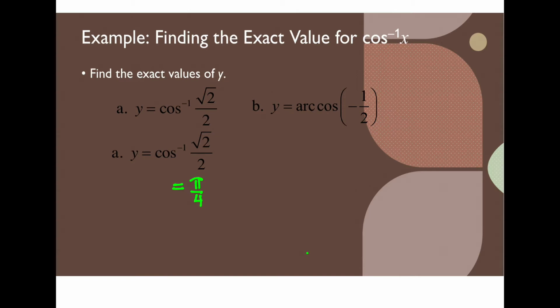For the arc cosine of negative 1/2, now we have a negative, so we know it's in the second quadrant. And it's negative 1/2. And 1/2, we know for cosine, is 60 degrees.